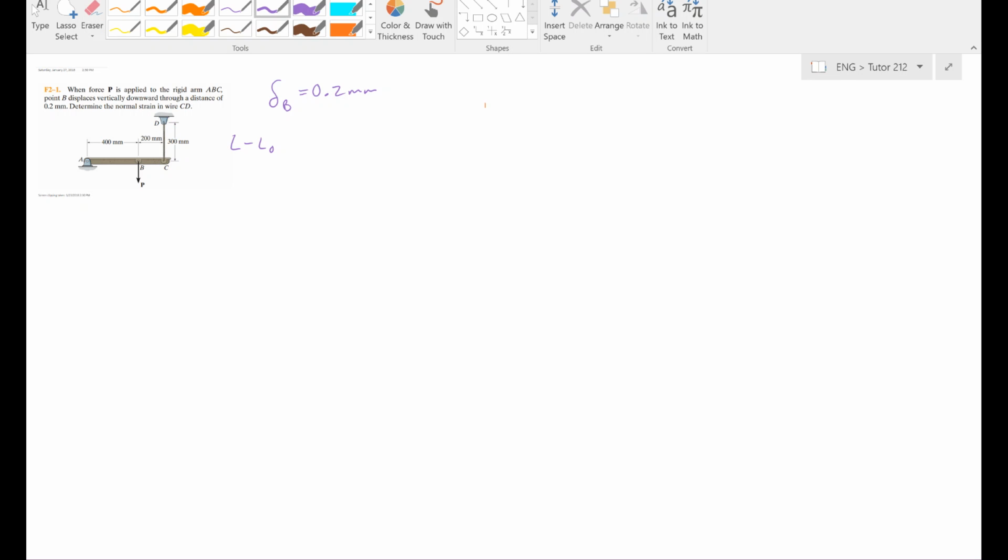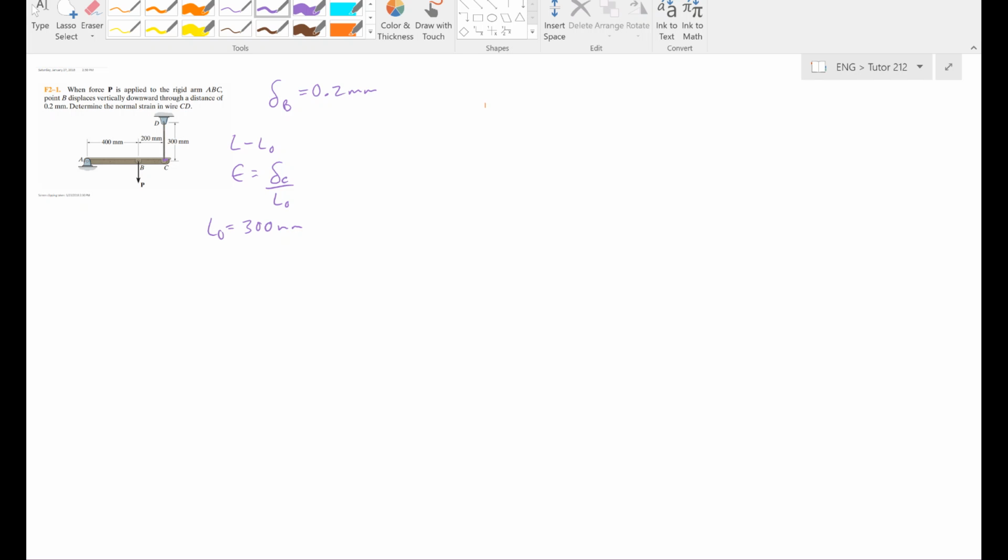And normal strain is this epsilon symbol. It'll be equal to that elongation in the member CD, or more so the difference in points in C, over the original distance LO, where LO is equal to 300 millimeters.